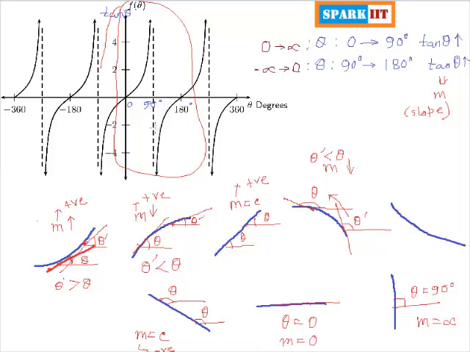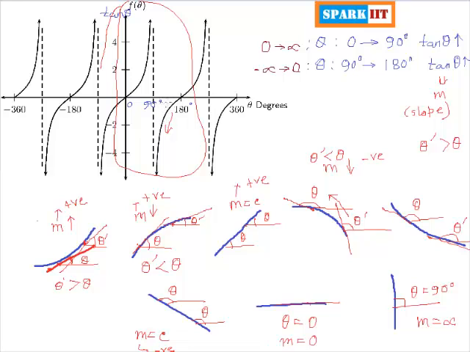So tan theta is decreasing, and it is negative. Here you see that theta dash is greater than theta.